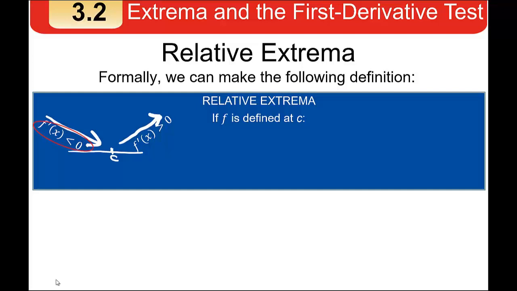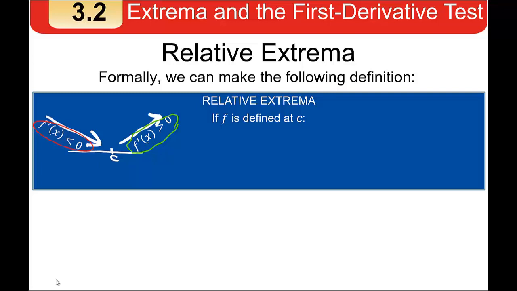If the derivative is negative to the left of c, that means that you have a negative slope, which means the function's decreasing to the left of c. And then if the behavior changes to the right of c so that the derivative is greater than 0, which means positive, positive derivative means positive slope, which means the function is increasing to the right.